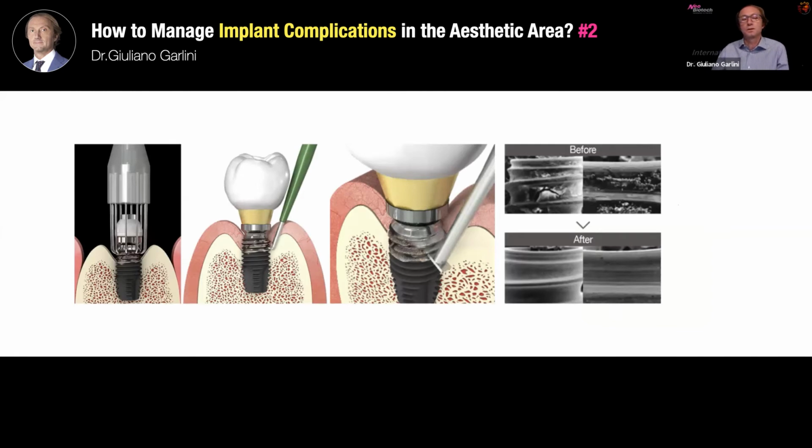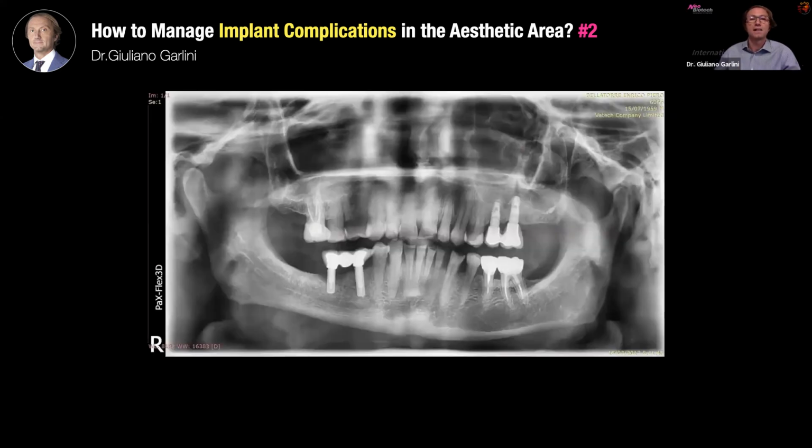Obviously, you will combine this therapy, and I will show you, with the use of detoxification, with the use of an antimicrobial agent. But with this kind of rotating instrument, as you can see on the right in the image from the electronic microscope, you can clean the surface of the implant very well.